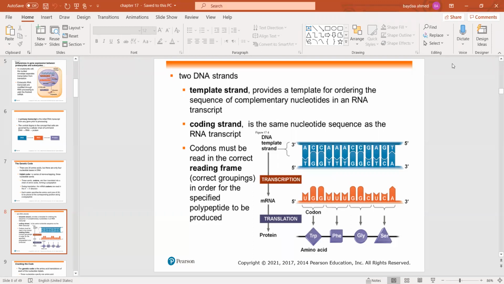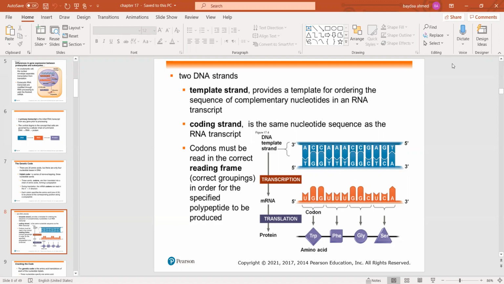These codons are complementary to the template strand and thus identical in sequence to the mRNA except for thymines instead of uracils. For this reason, the non-template DNA strand is often called the coding strand. By convention, the sequence of the coding strand is used when a gene sequence is reported.